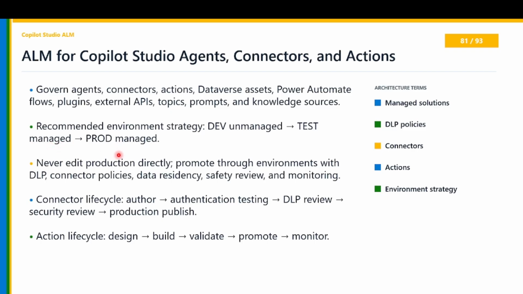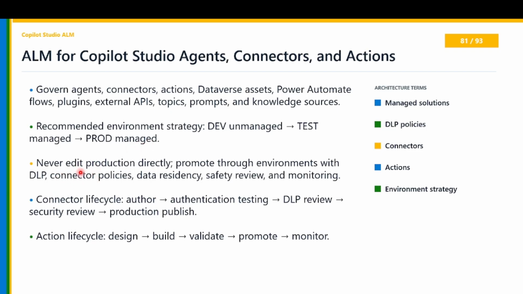And then you have prod. So prod is where the users and business owners will connect and use the agent. So prod is also managed. So remember very well, please, this is part of the examination. So you have dev. This environment is unmanaged. The development environment is unmanaged. The test environment is managed. The production environment is also managed.